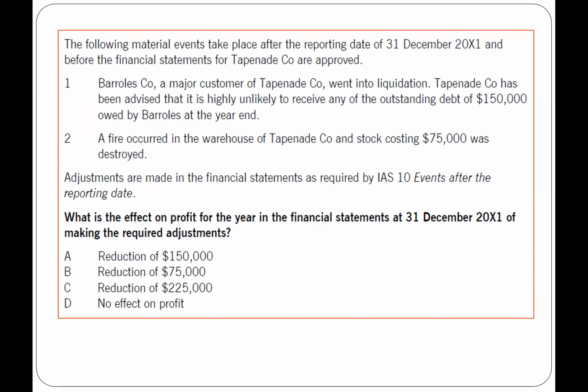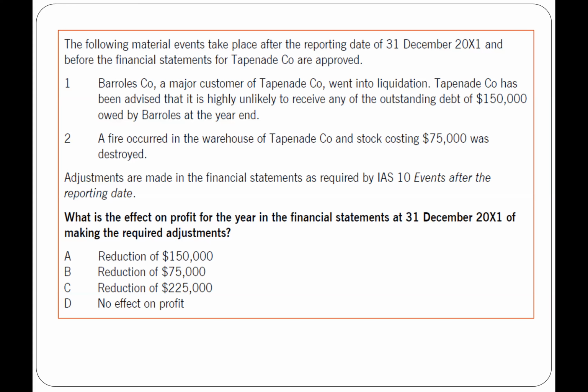That's the first part. The second part is saying a fire occurred in the warehouse of Tapenet Company and the stock costing 75,000 was destroyed. Now, a fire occurred after the year end because we were told that these two happened after the year end.